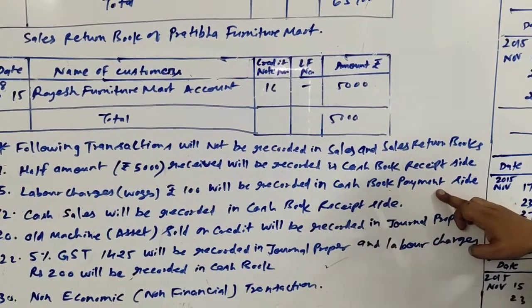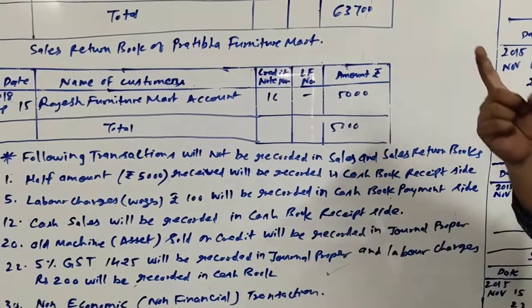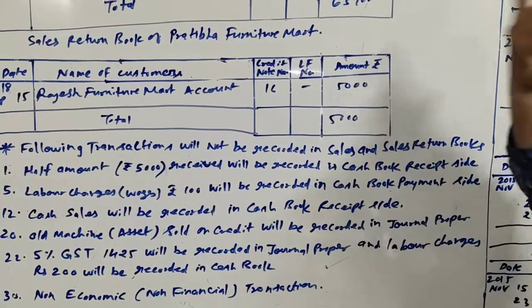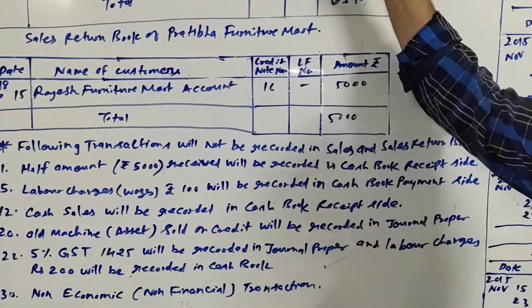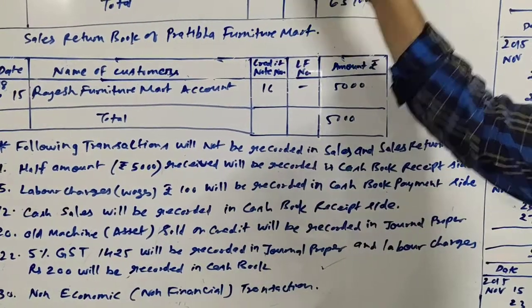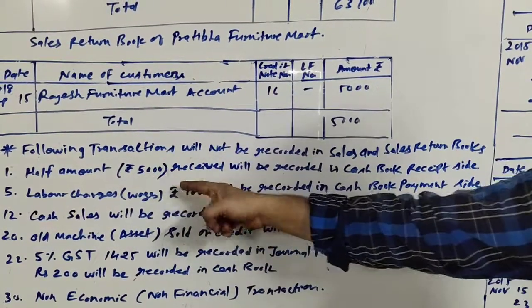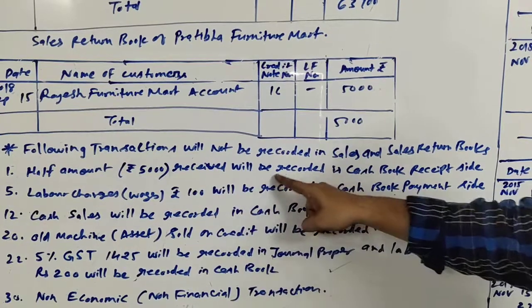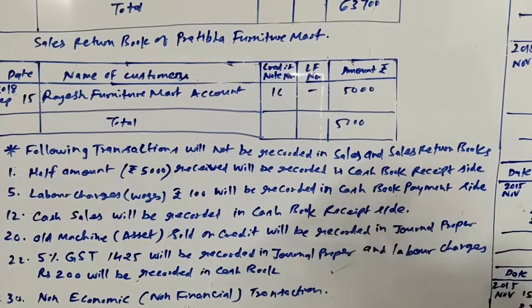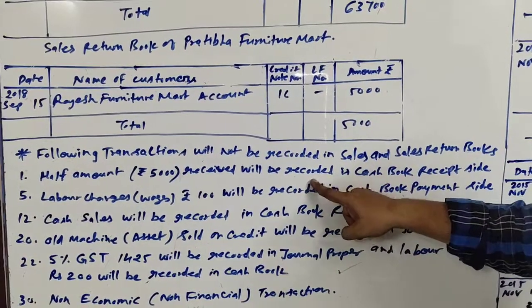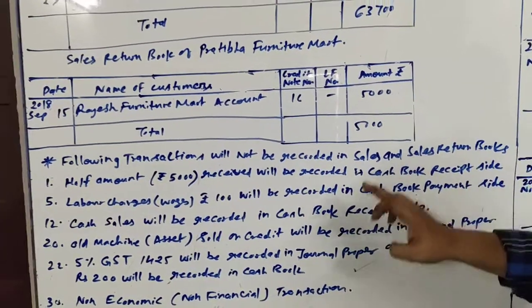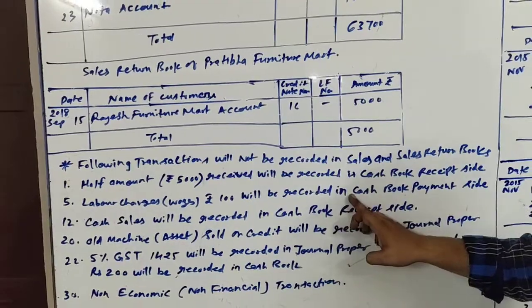And earlier, in the transaction of Rajesh, we sold goods for 10,000 and he paid half the amount. So for that also a note will come: half amount rupees 5,000 received will be recorded in the cash book receipt side. The first note is about the first transaction and the second is about transaction 2, which is on date 5.